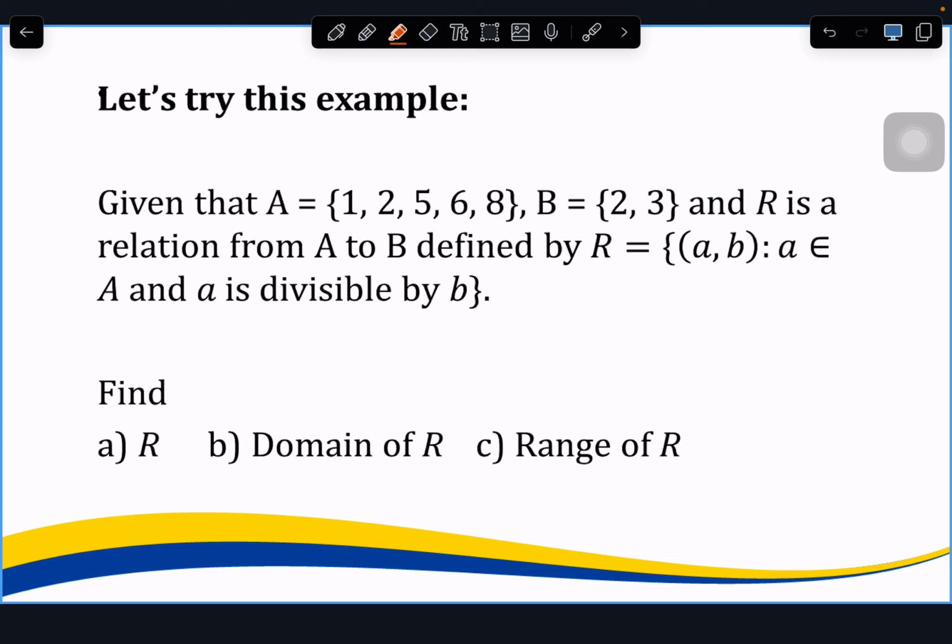What is the problem, guys? What's the answer?